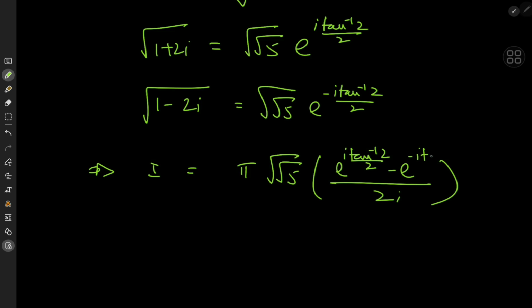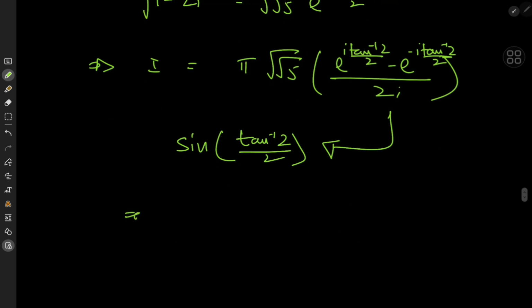So it's e to the I times something minus e to the negative I times the exact same something divided by 2 times I. And this is how we write the sine function in complex analysis. In this case, we have the sine of inverse tangent 2 by 2. Okay, cool. So this implies that I equals pi times root 5 times the sine of half the inverse tangent of 2.